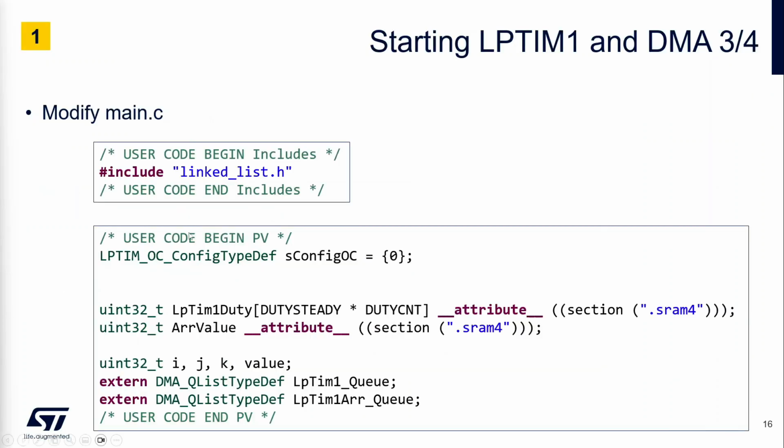And now we will modify the main C file. First we will include the linked list header, and then we will create some private variables to control our code.